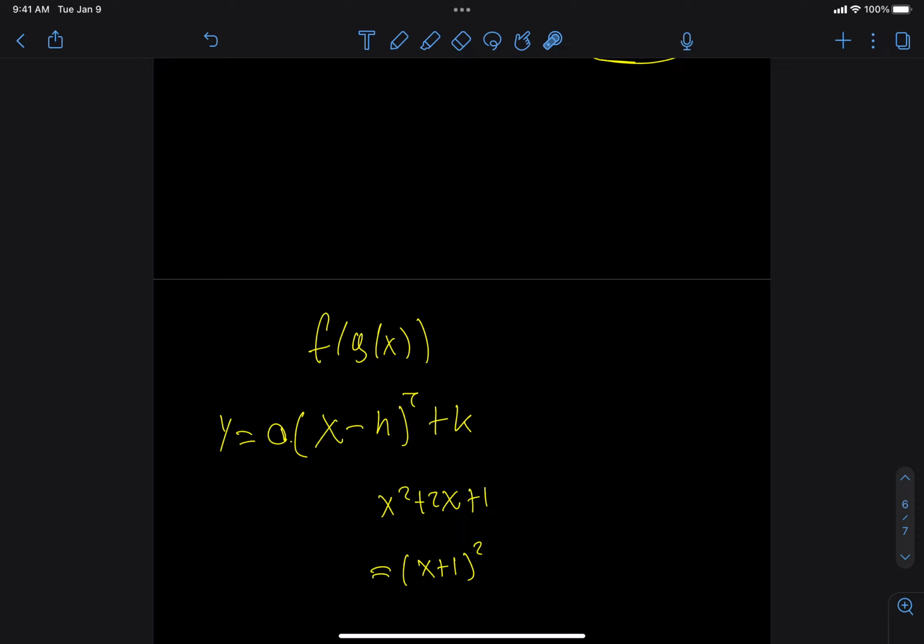Find the function of the form, blah, blah, blah, that contains the given graph points. This is a great question. We had it on one of our exams. Then we have transformations of exponential functions, so exponential functions that have been stretched, shifted, reflected, or whatever. So that was 3.1.